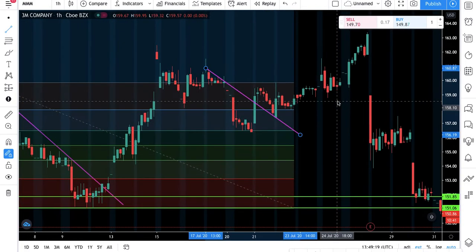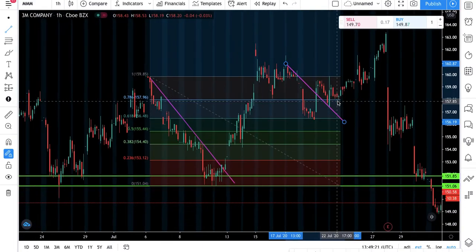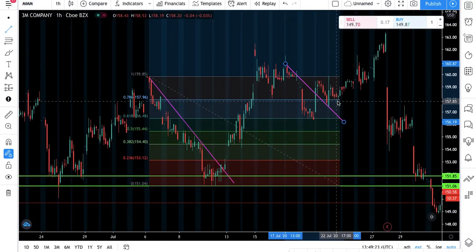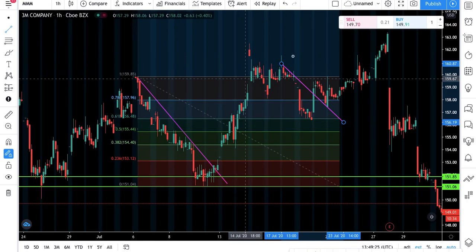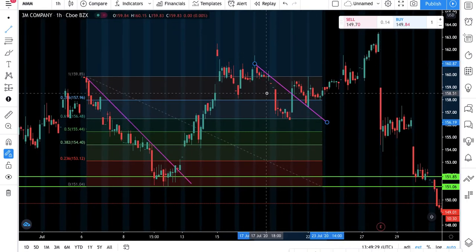With that being said, I guess this strategy has a lot of subsets to it and can be implemented again and again during a long bullish trend, as we could have seen in this case.